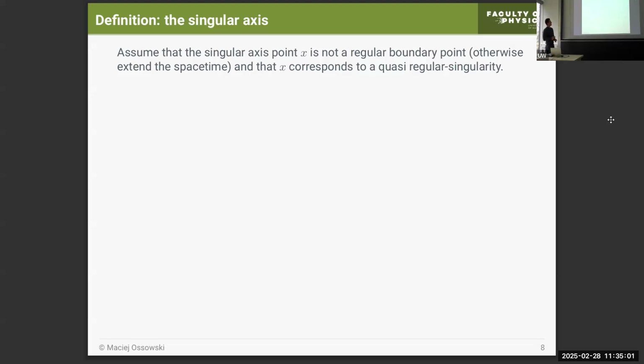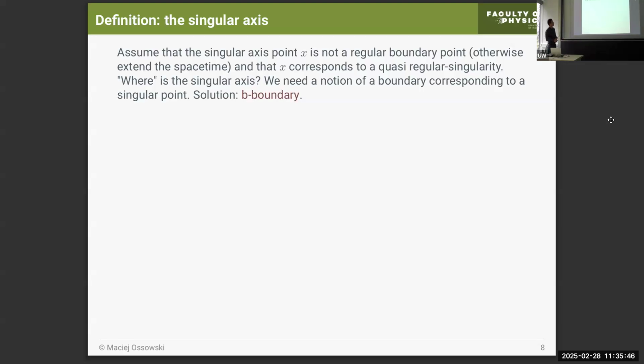So this axis point shouldn't lie on a regular boundary point, because if you lie just on a regular boundary point, then we just extend the space-time, and there wouldn't be any notion of singularity. And by the intuition that we got from what people have been calculating for the tau naught solutions, we assume that this axis has to correspond to a quasi-regular singularity, meaning that it has to be some kind of singularity, but we don't expect the curvature singularity to coincide with the axis of rotation.